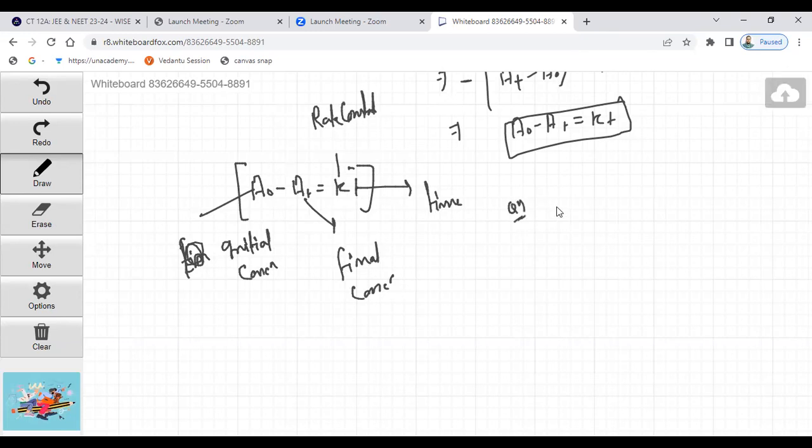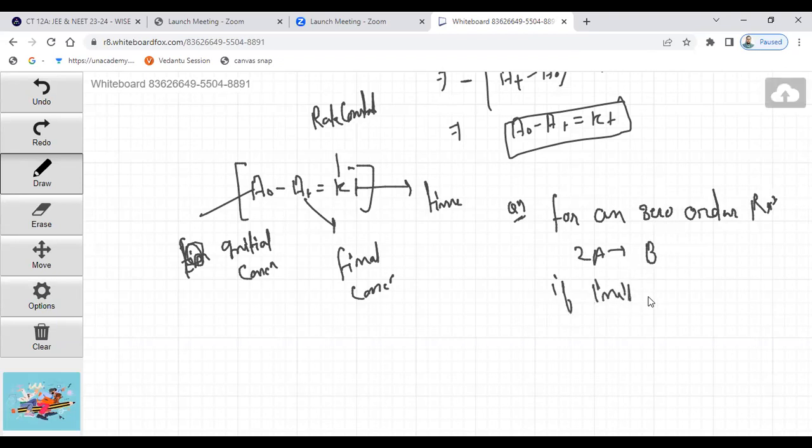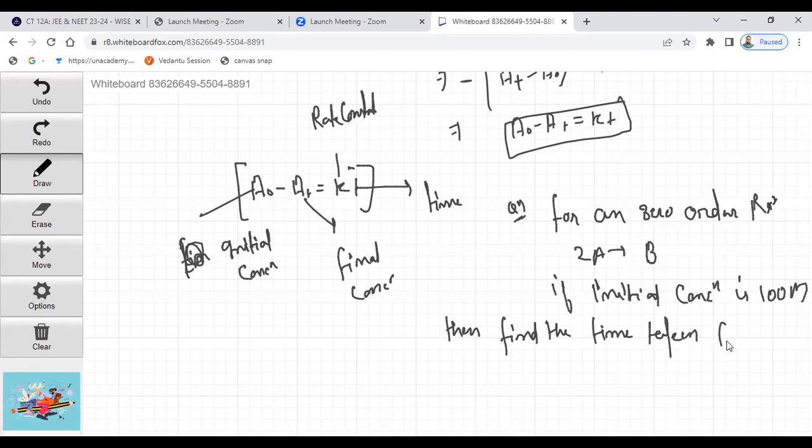Write down the question. For a zero order reaction, 2A gives B. If the initial concentration is 100 capital M, then find the time taken for 75% completion.